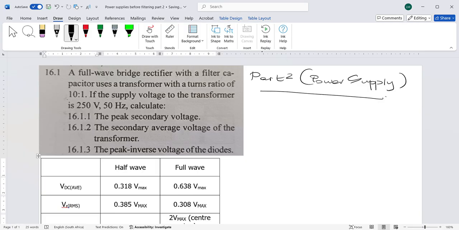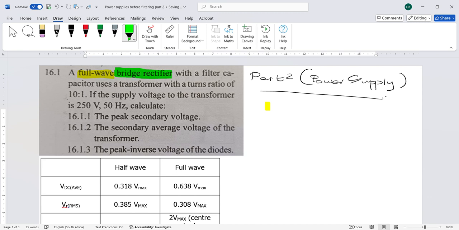So, we've got an exercise here. It says: a full wave bridge rectifier with a filter capacitor uses a transformer with a turns ratio of 10:1.